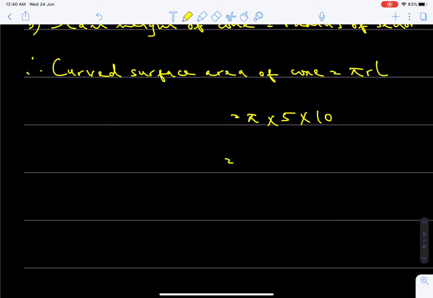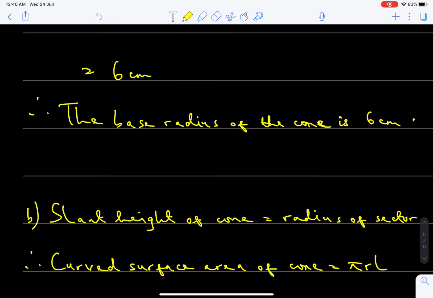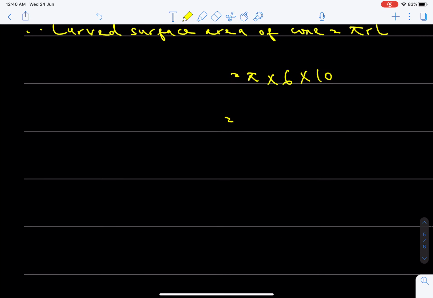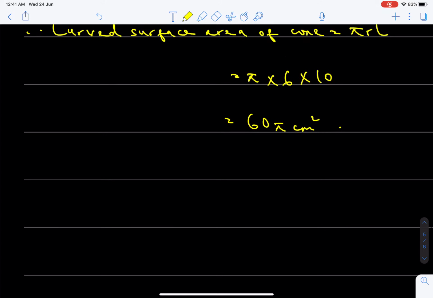And that base radius of the cone is 6. We just found that, 6 centimeters. And that's 60 pi centimeters squared. And that's it, very, very simply.